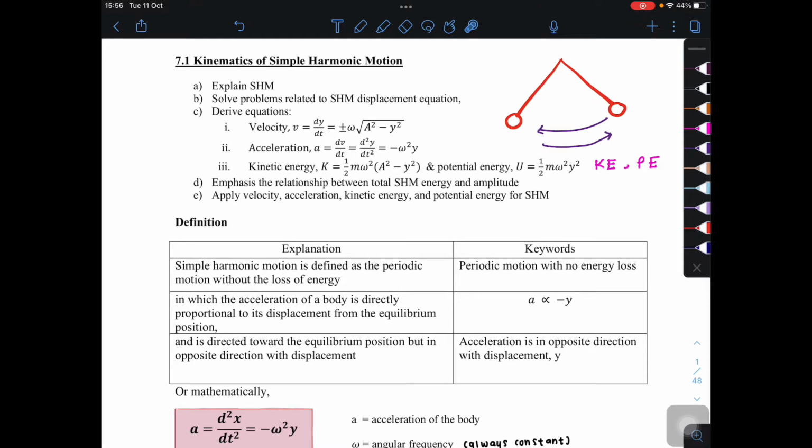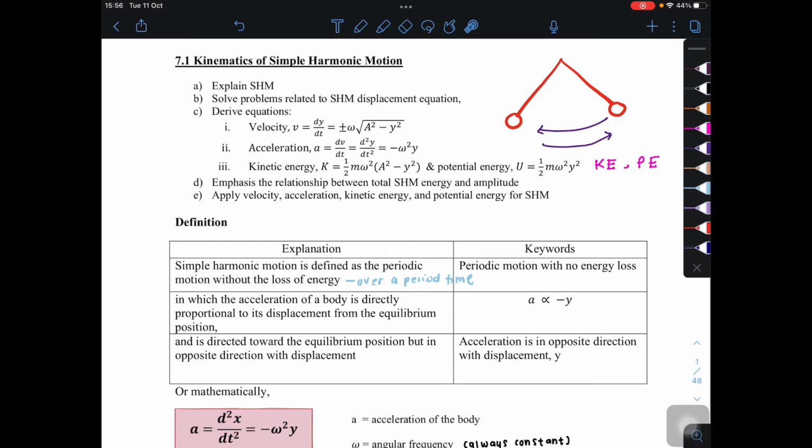So in simple harmonic motion, there is no loss of energy under a condition over a period of time. We know that apabila kita lepaskan pendulum ni kan, after some time dia akan makin slow and then eventually dia akan stop.